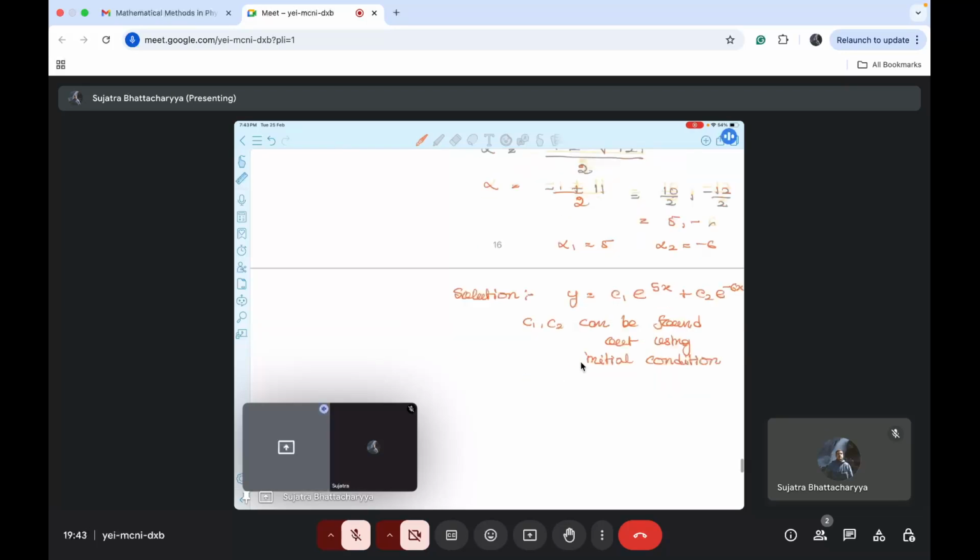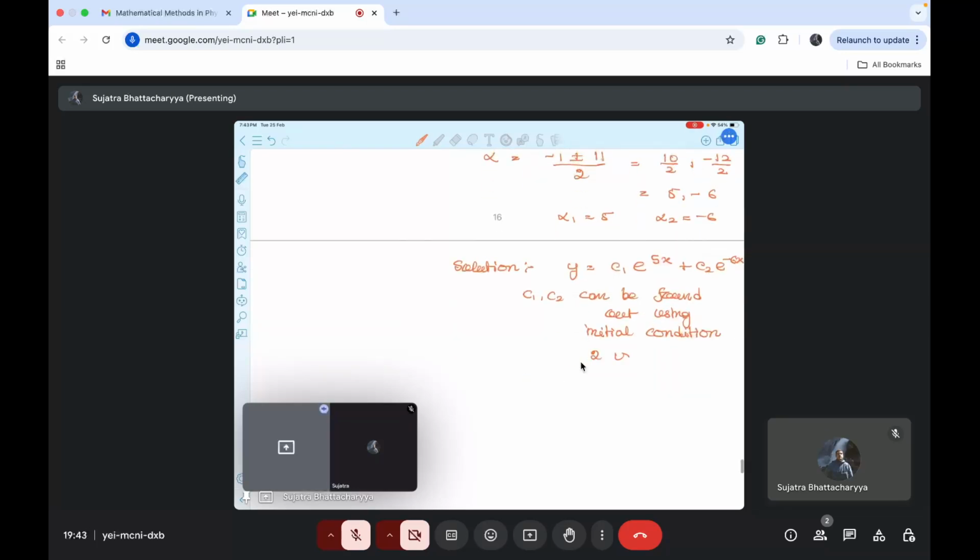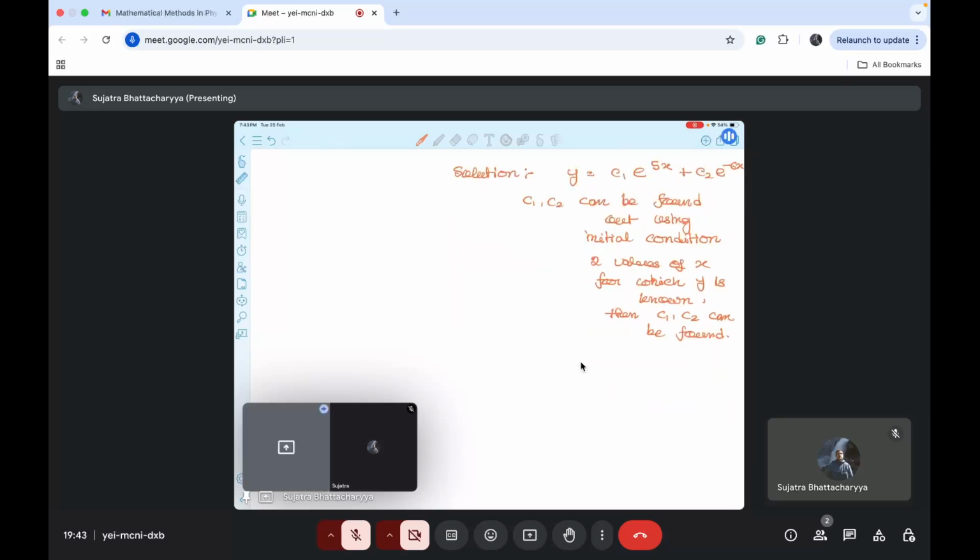If you have two values of x for which y is known, then C1, C2 can be found. Alright, this is one of the questions where the roots are real but different. Let's see another question.